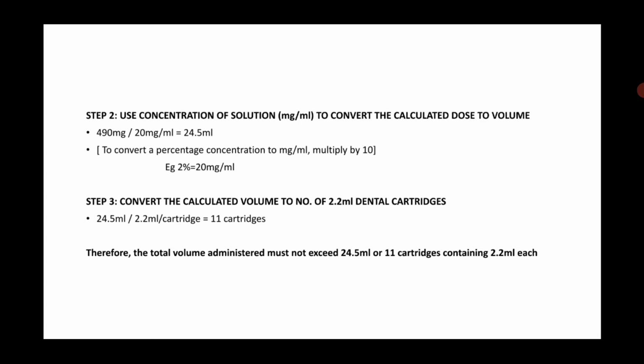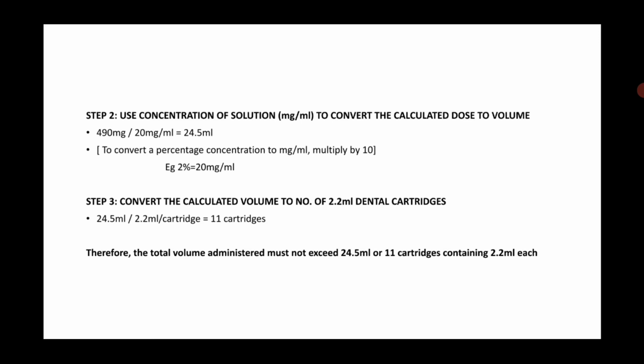I have already explained the 20 milligrams per milliliter part. You divide the total dose by the concentration of solution, and that gives you the total dose that can be given to that person in the form of volume, which is 24.5 milliliters.